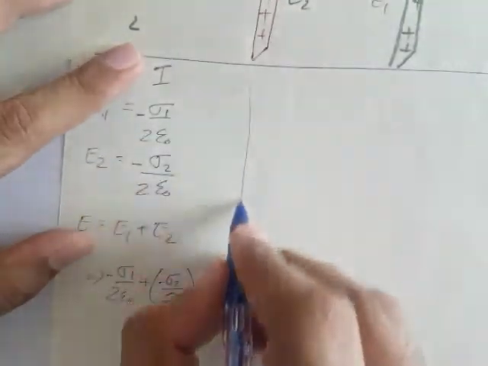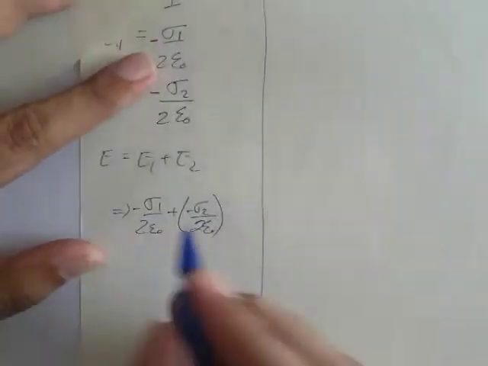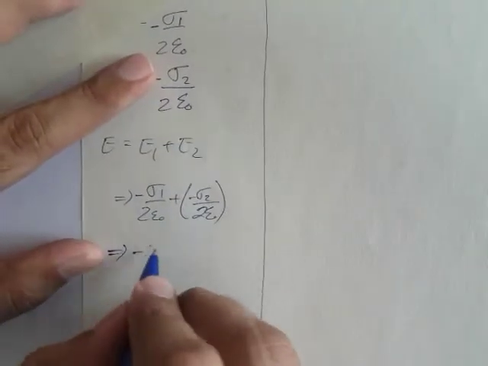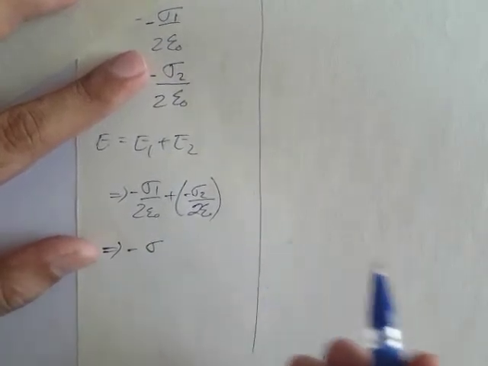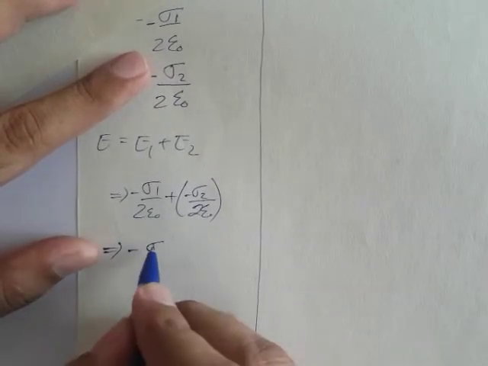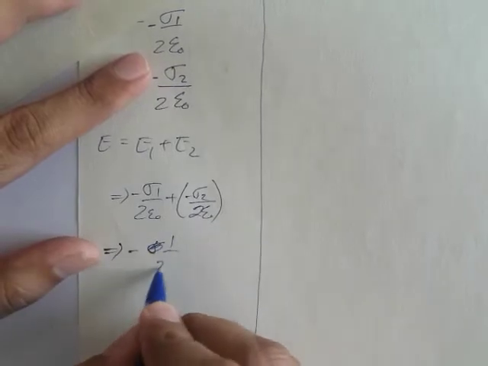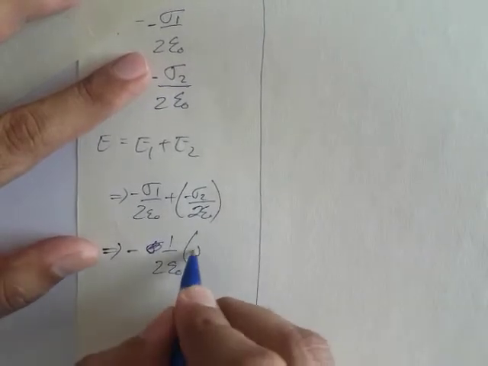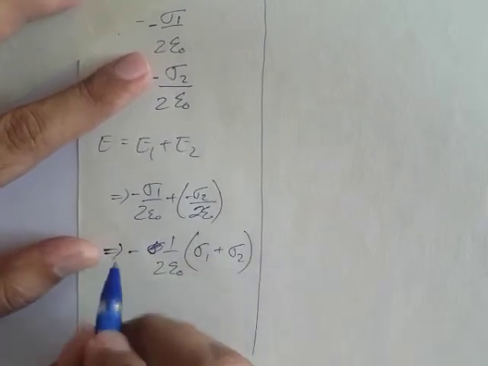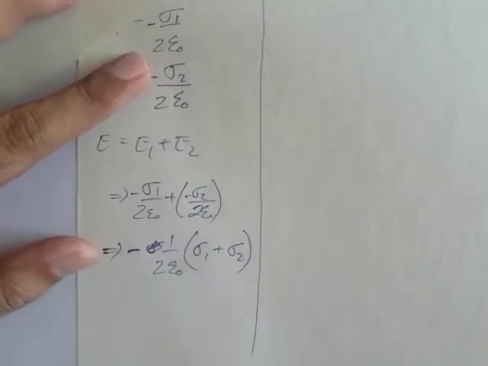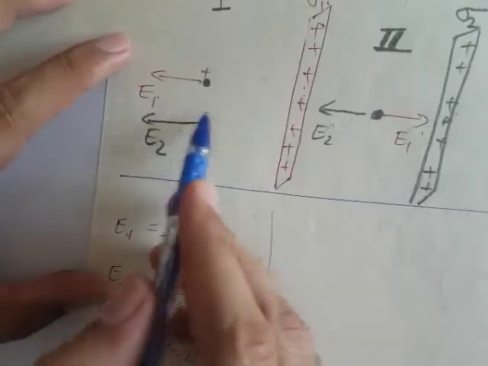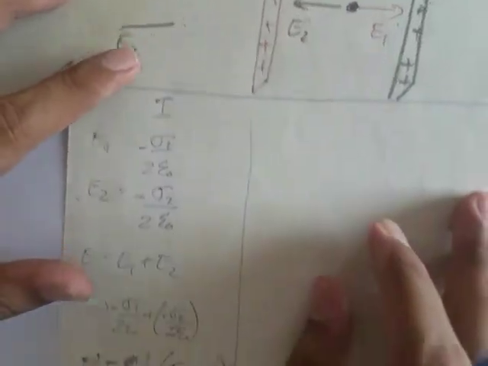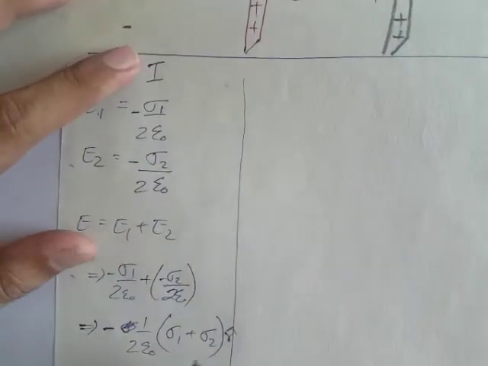Taking the common factor, it is minus 1 upon 2 epsilon naught times sigma 1 plus sigma 2. If somebody asks about the position vector, r shows our direction, so negative r.